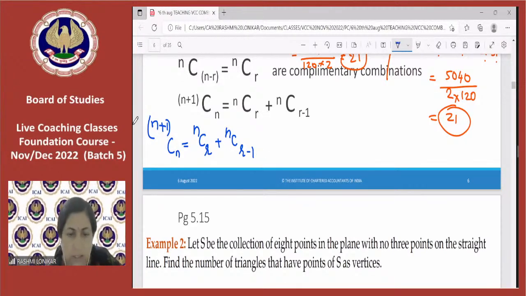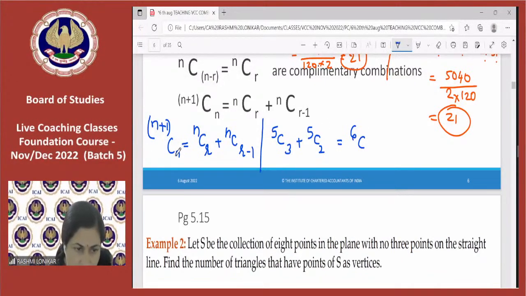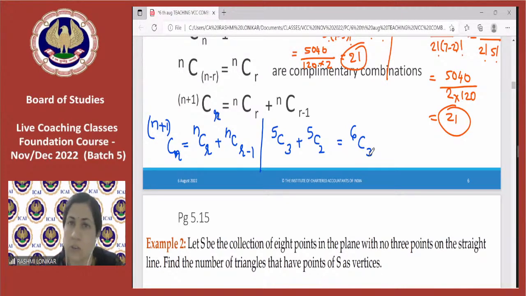This means, for example, if I have 5C3 plus 5C2, this will be equal to 6C3. Here N is 5 and R is 3, so (N plus 1)CR is equal to NCR plus NC(R minus 1), and this will be equal to 6C3.